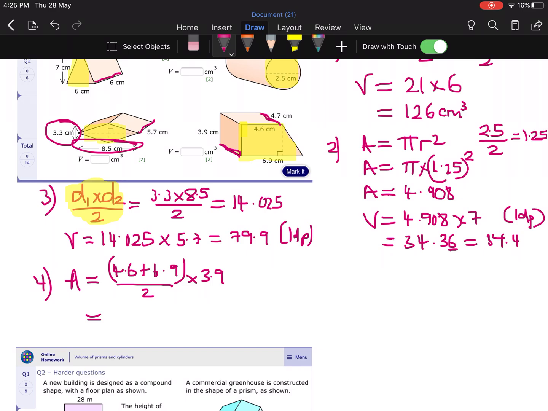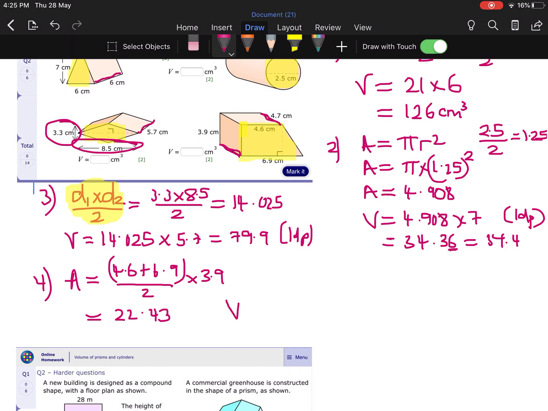Times by the height, divided by 2, and that gives us 22.43, and that's centimeters squared.